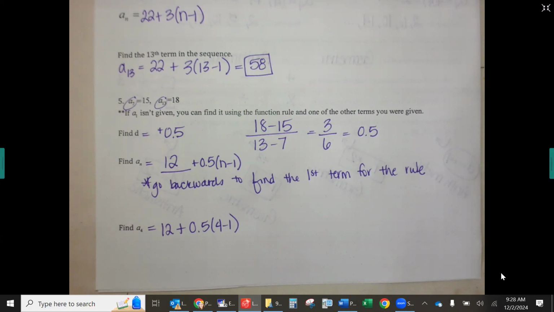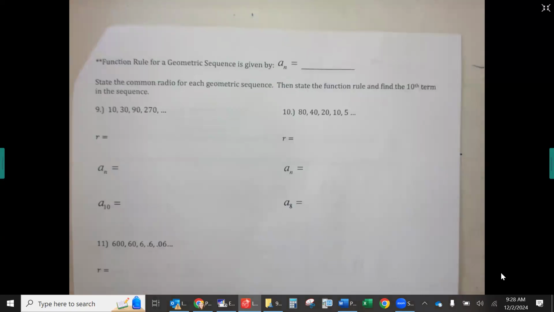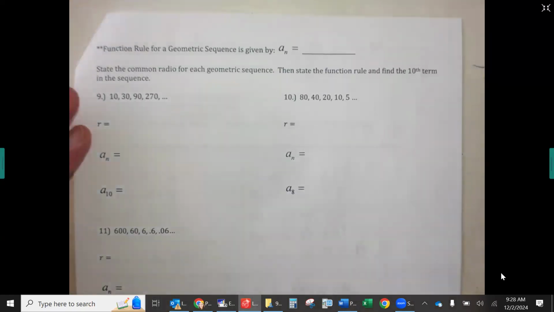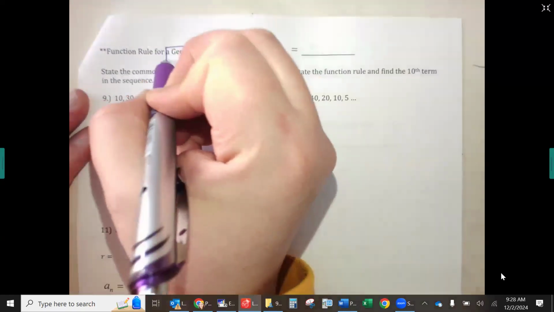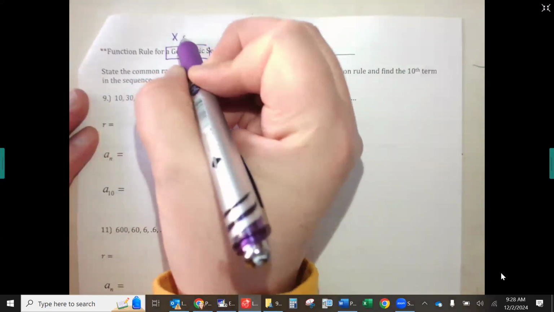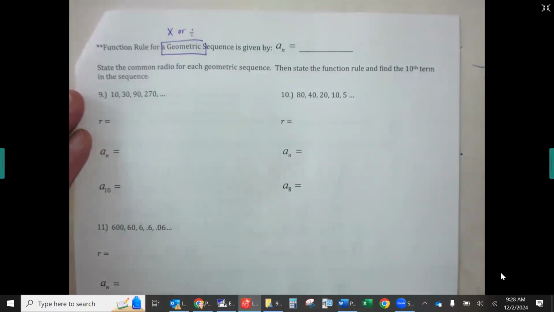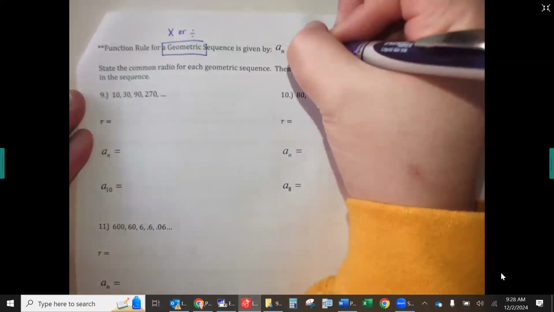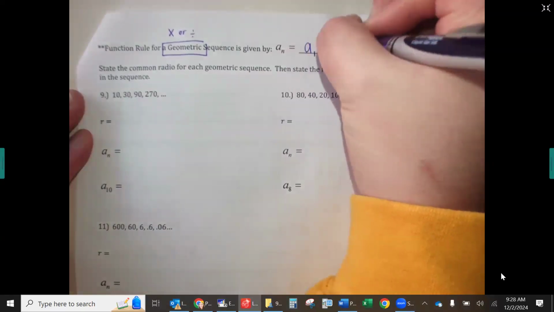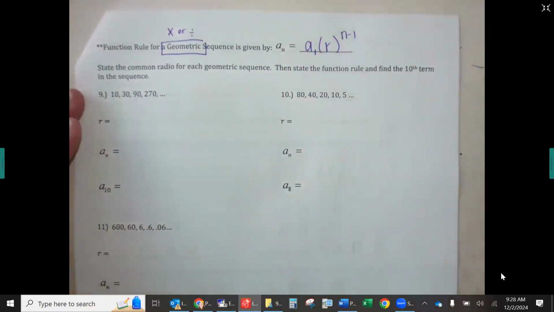There are only 2 types. You already know how to do one. The other page is going to be if it's geometric. And remember, geometric means it's a multiply or a divide pattern. Your formula is going to be A1 times R to the n minus 1.